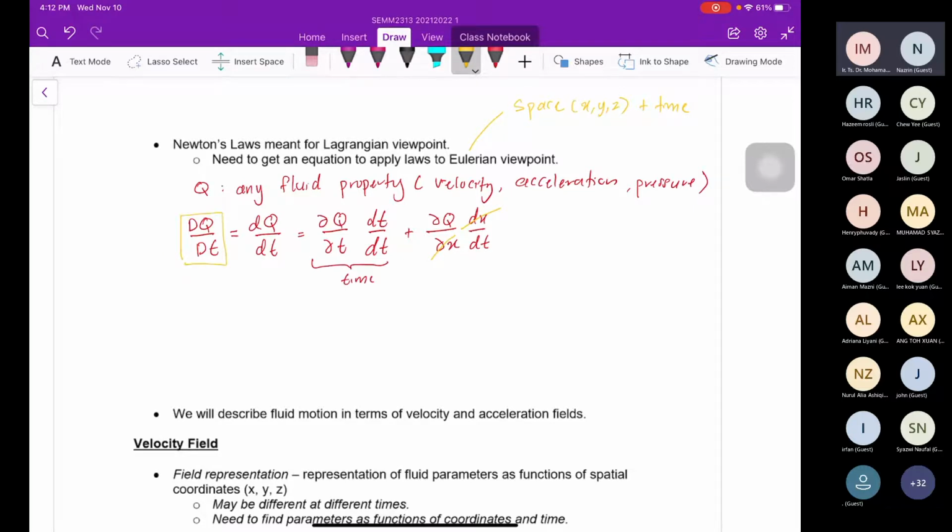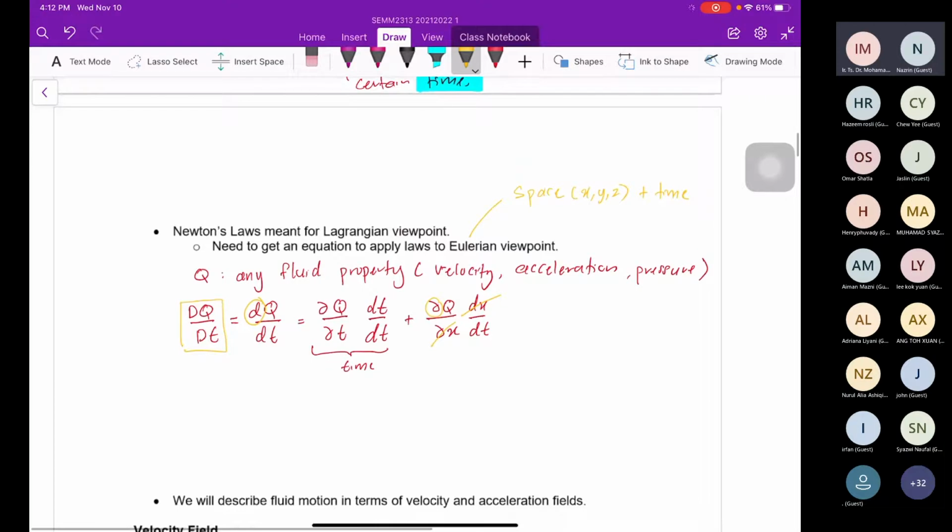Do you know the difference between the partial derivative and the total derivative d? Do you know the difference, class? Why did I put the partial? Why not put the D? What's the difference? Any idea, Hazim?